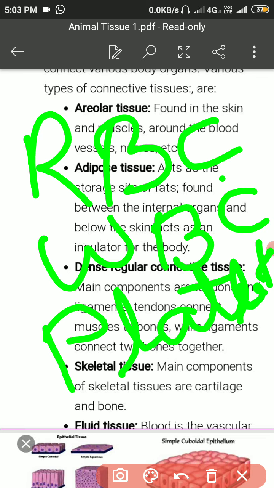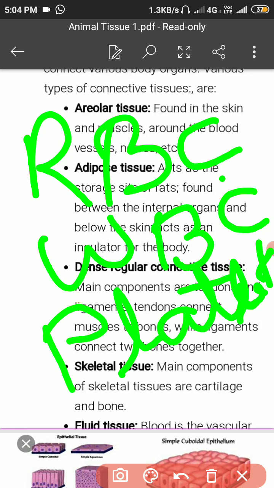Dear students, RBC perform the function of carrying oxygen and carbon dioxide because of the presence of hemoglobin. WBC produce different types of warrior cells, defense cells, to protect the body from pathogens, and they engulf the different pathogens.